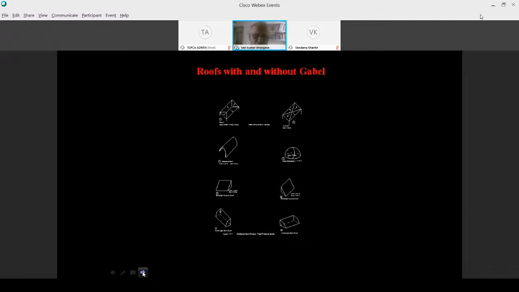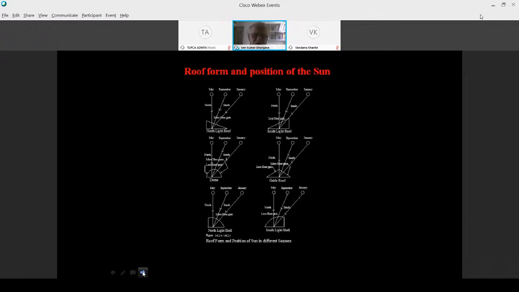Okay, friends. So we can study and analyze the heat gain from different types of roofs. Now let us see. This is a north side slope where glazing will be on the south side. Normally we go for north light glazing. Why? Because we get diffuse light without much problem of the sun from the north side.